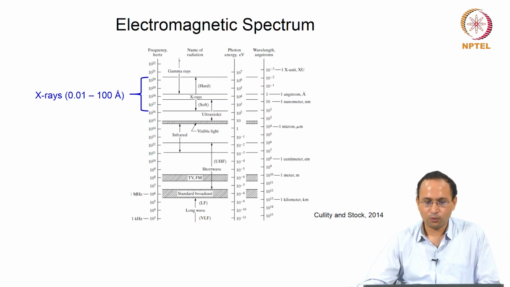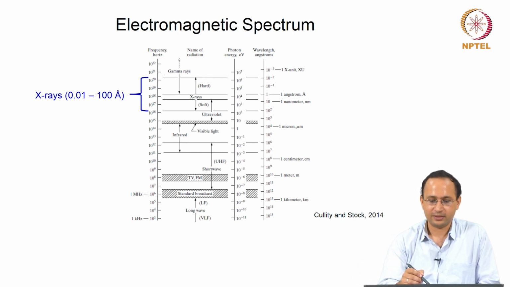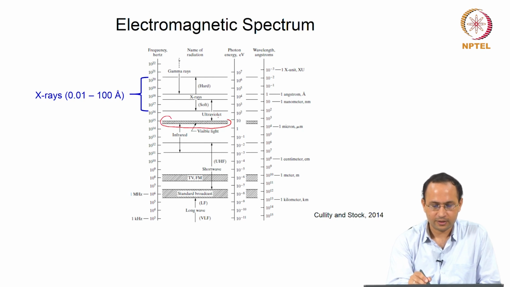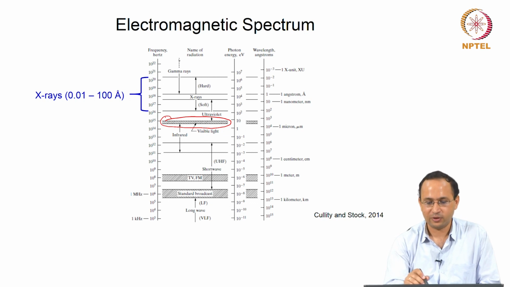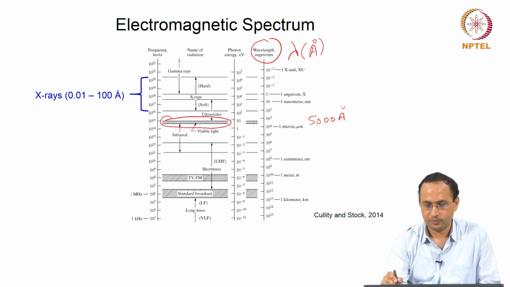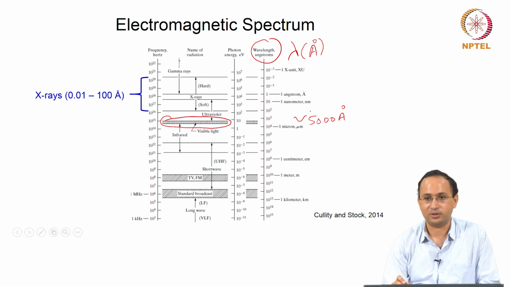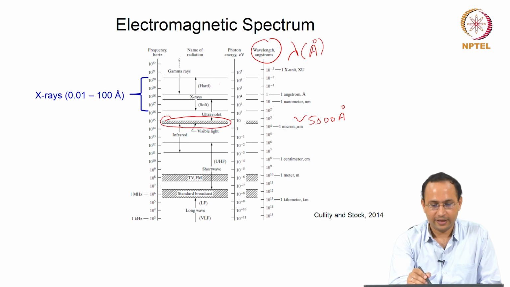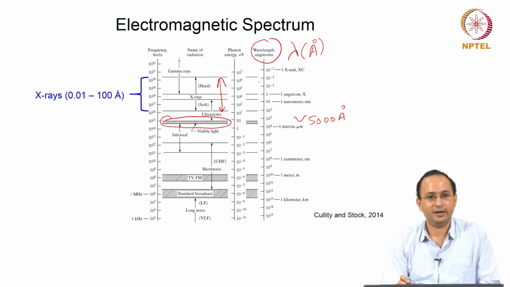Here is again the electromagnetic spectrum. Everyone is familiar with this. Here is the visible light, what we can see, in terms of wavelength in angstrom. Visible light is around 5000, 6000 angstrom, roughly in that range, and X-rays are somewhere here, ranging from 0.01 to 100 angstrom.